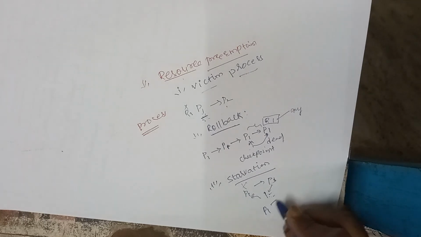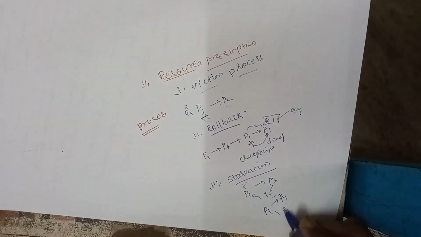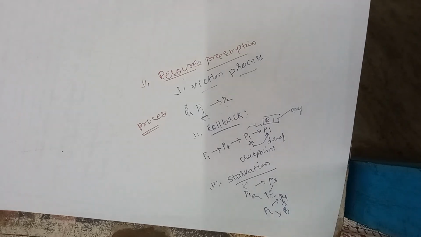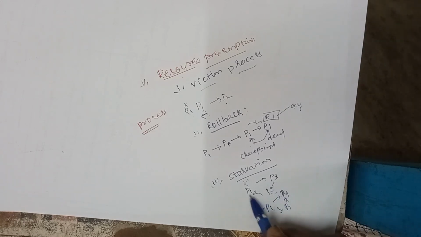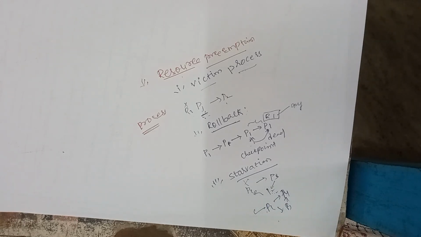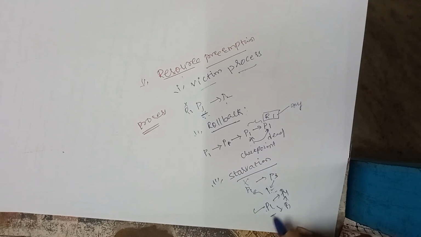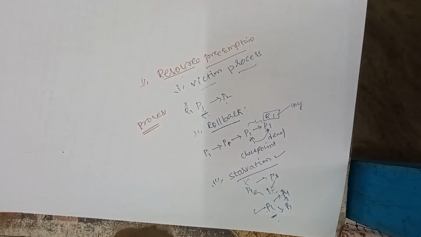Again a deadlock occurs between P1, P4, P5. If the deadlock occurs again, P1 is stopped again. Again we have taken the resources from P1. What will happen? Every time we are removing P1 from the operating system, so this process will never be executed. Such a problem is called starvation.